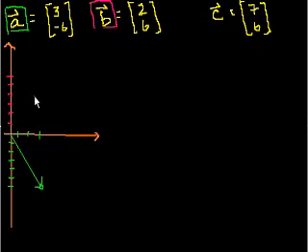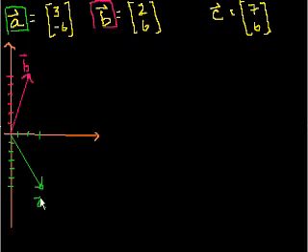So 2 comma 6 is right over there. And that's vector B. And so it'll look like this. That's vector B.